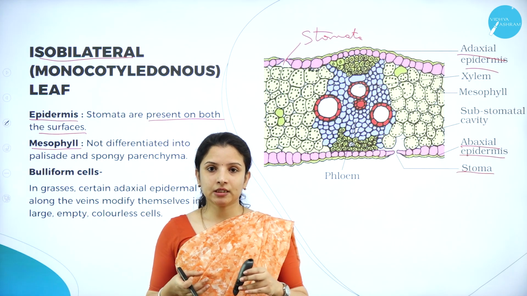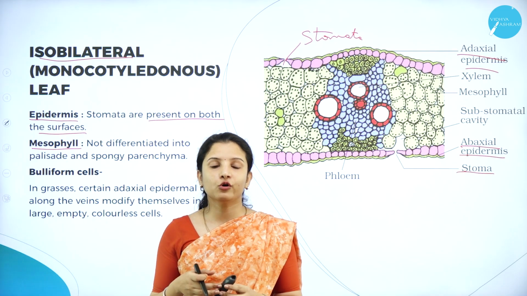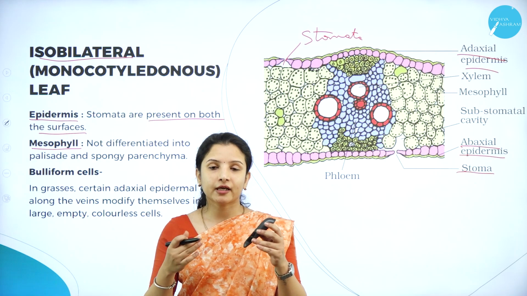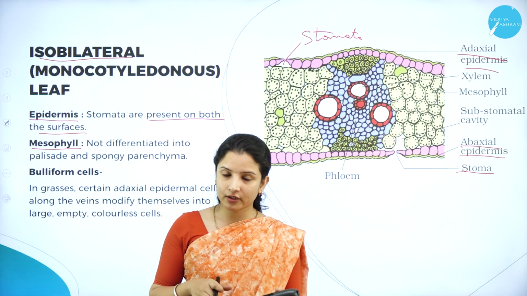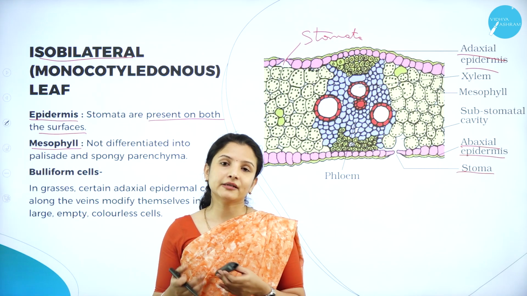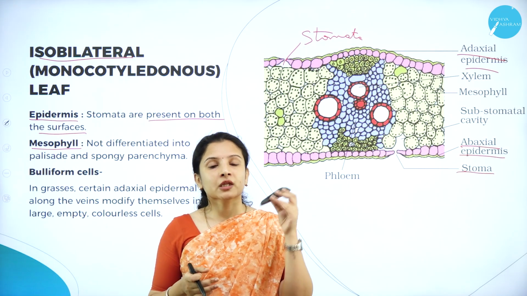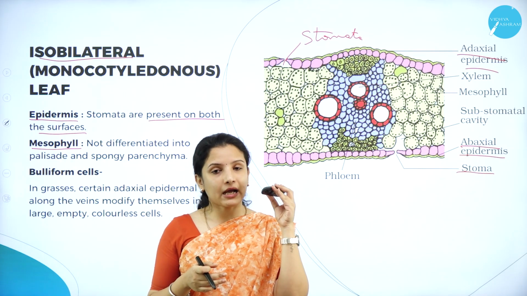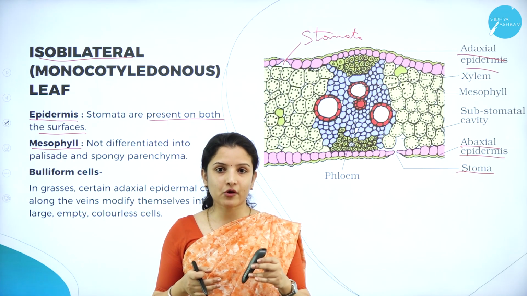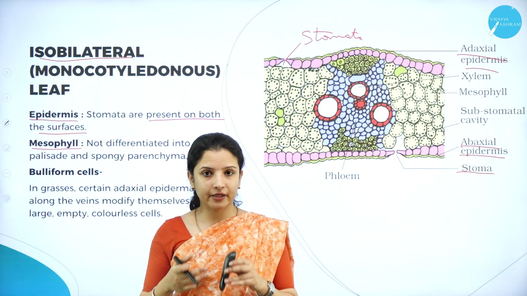In the class or in a practical lab, if they place a slide under the microscope and ask you to identify whether it is a dicot leaf or a monocot leaf, the most important easy identification is this. In the case of a dicot leaf, they have palisade parenchyma and spongy parenchyma, which will be clearly visible under the microscope.